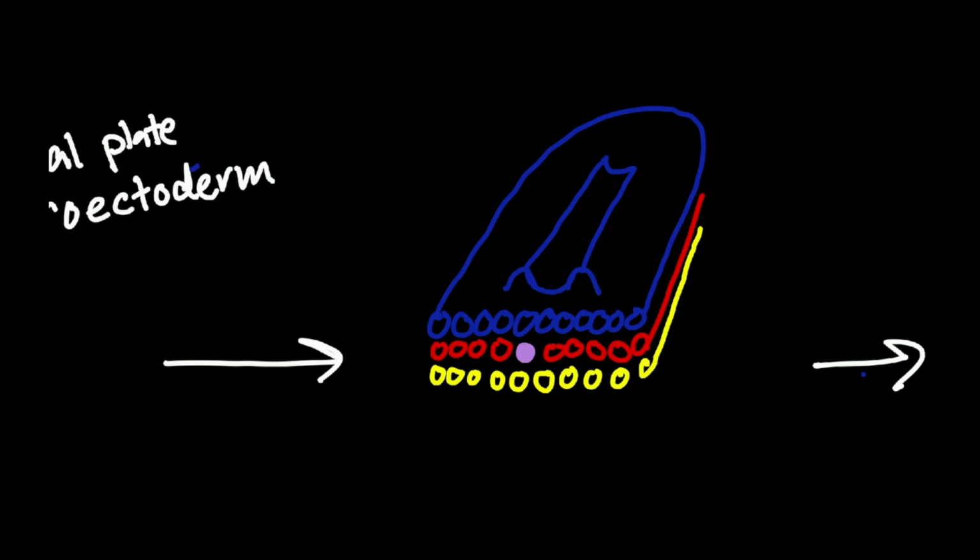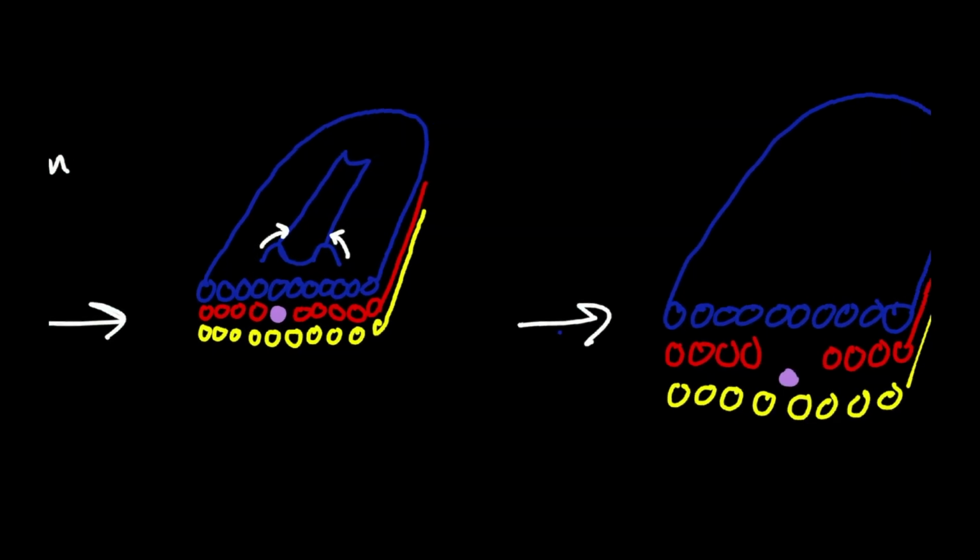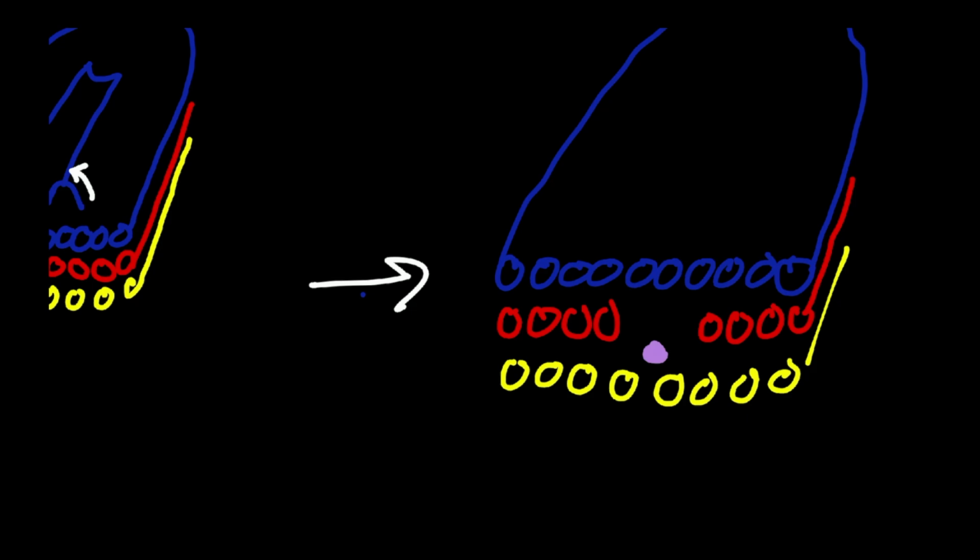And as the edges of those crests or folds come together, they will then form the neural tube.